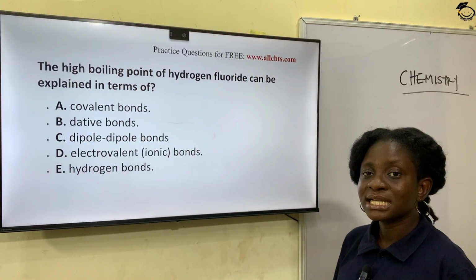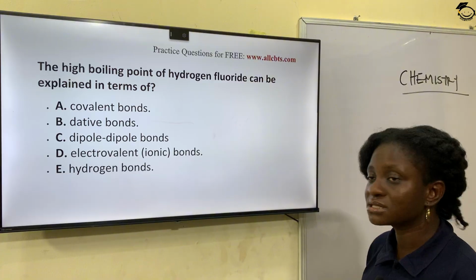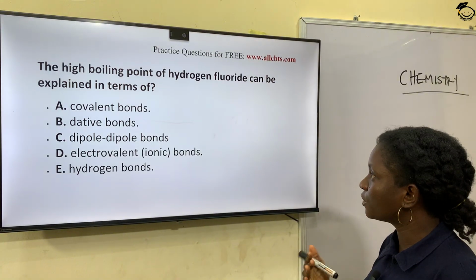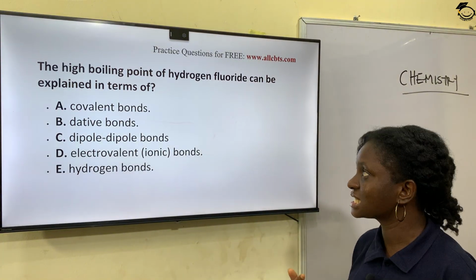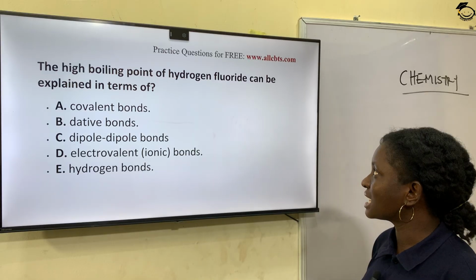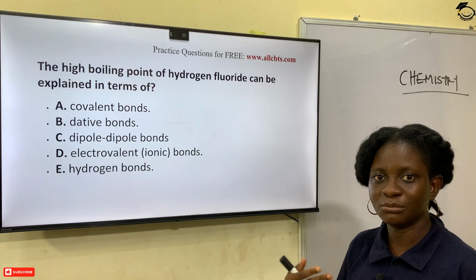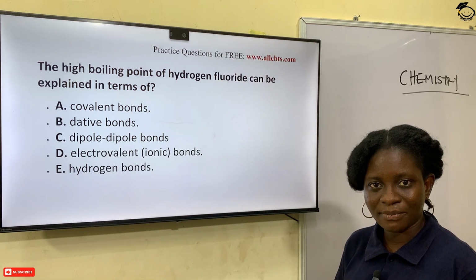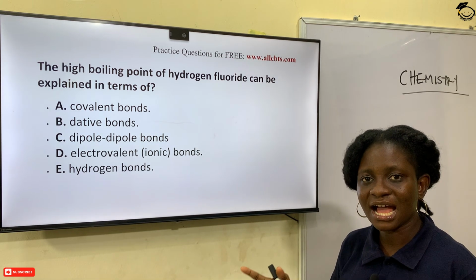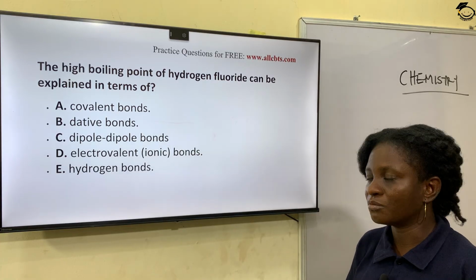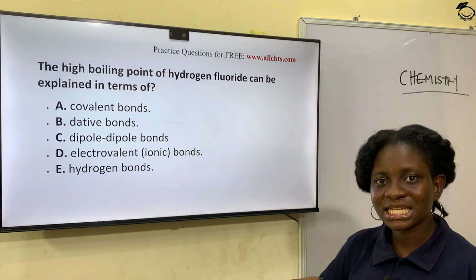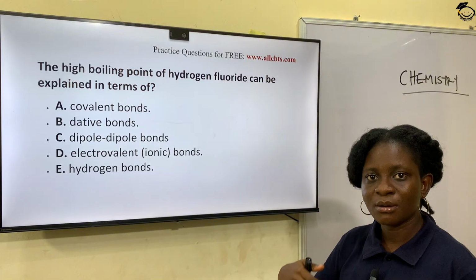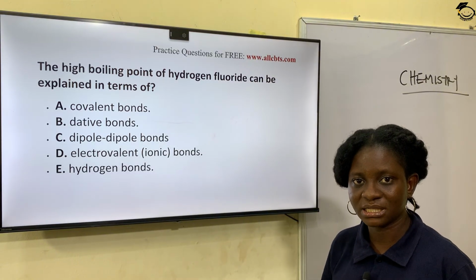Next question. The high boiling point of hydrogen fluoride can be explained in terms of, so why does hydrogen fluoride have a high boiling point? Because the molecules are tightly packed, they have larger aggregates of molecules. So that means they need a higher temperature to break the bonds.